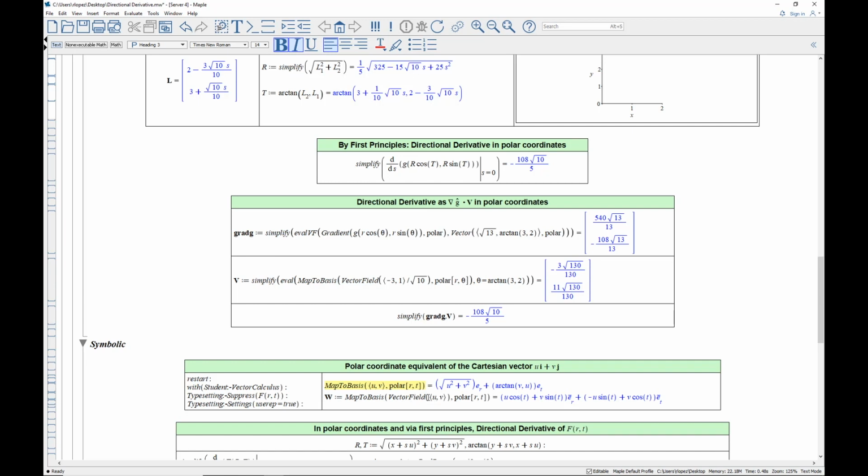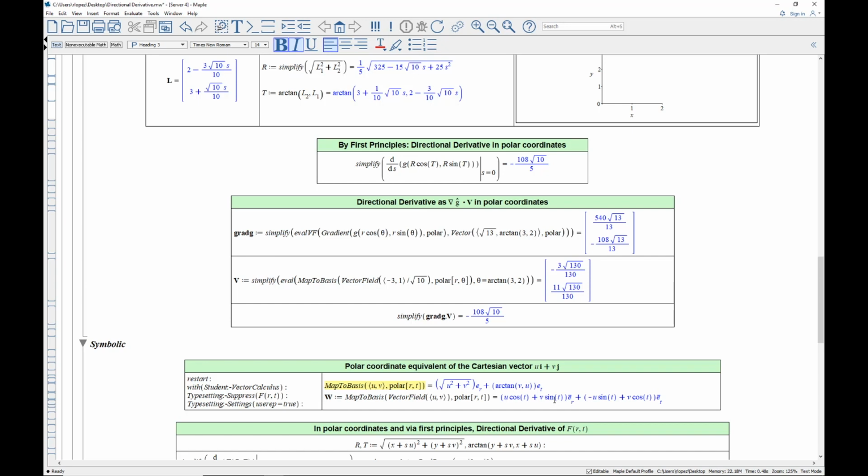You have to have the direction as a vector field in order to get the appropriate change to a vector in polar coordinates. See the bars over the E here. That tells you that these are the moving basis vectors in polar coordinates.